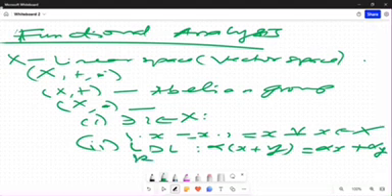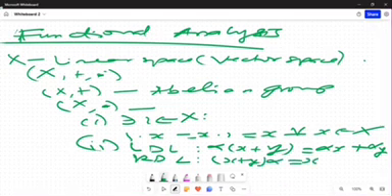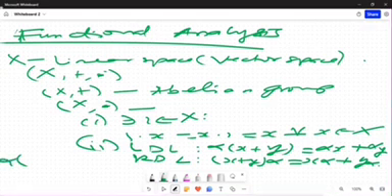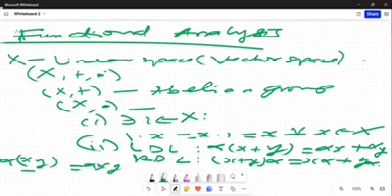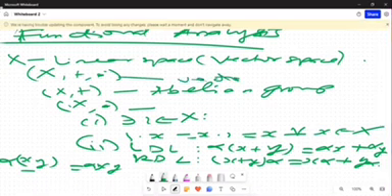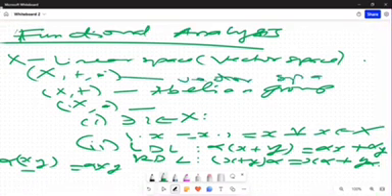You also have the right distributive law, meaning that if you move your scalar to the right, you have X dot alpha plus Y dot alpha. And not only that, if you have alpha into X dot Y, it doesn't change the value, we have alpha X Y. So all those structures make X what we call a vector space. This is the structure we are going to be working with.